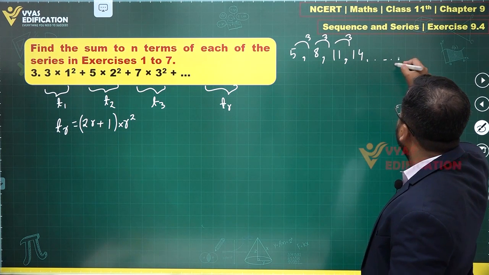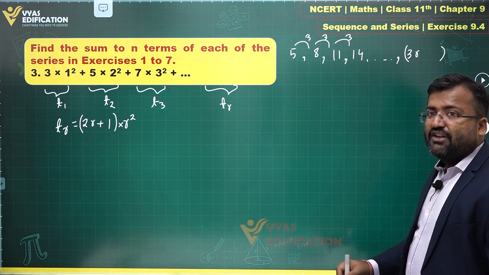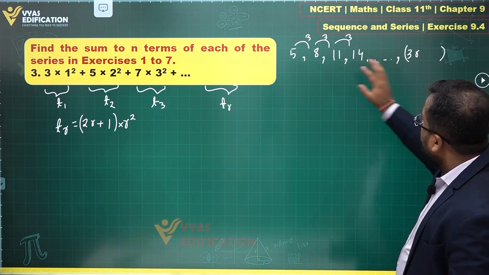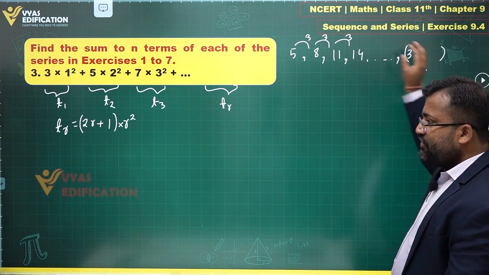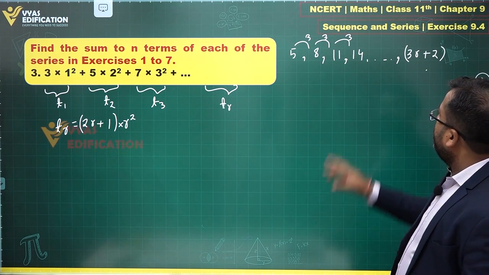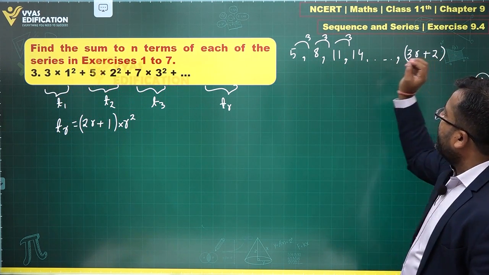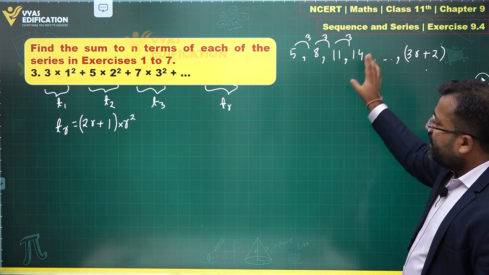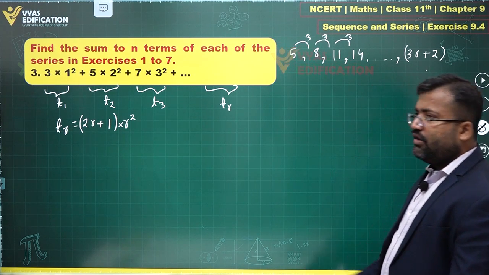So the general term will be 3r plus or minus some constant. For r equal to 1, this should be equal to 5. So 3 into 1, that's 3, plus something should be equal to 5. That something is plus 2. Put r equal to 1, you get 5. Put r equal to 2, you get 8. Put r equal to 3, you get 11. Put r equal to 4, you get 14. Really the general arithmetic progression? Yes. You can pick up any other.